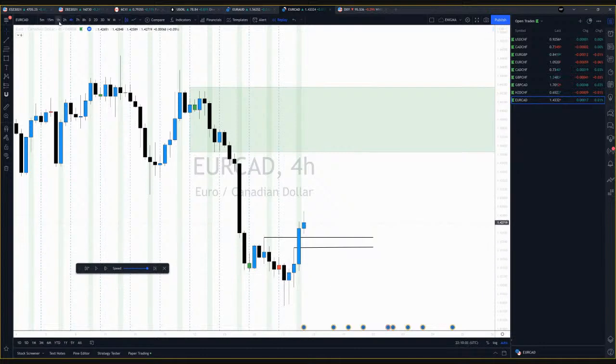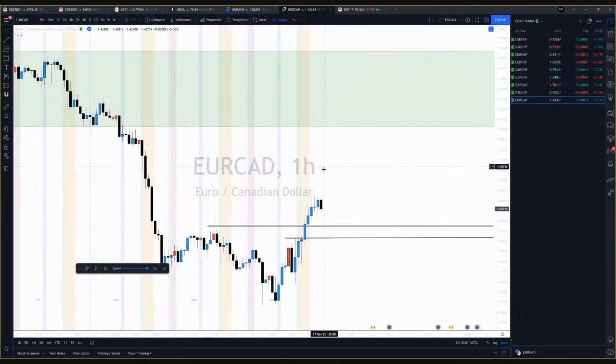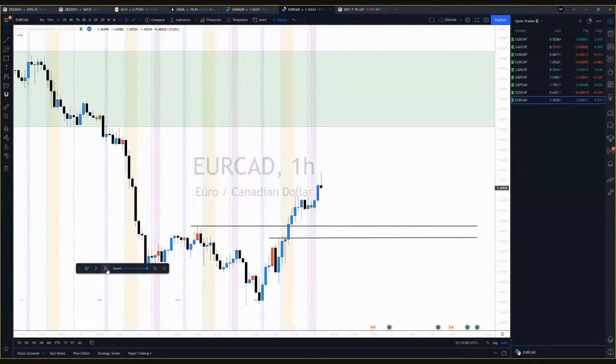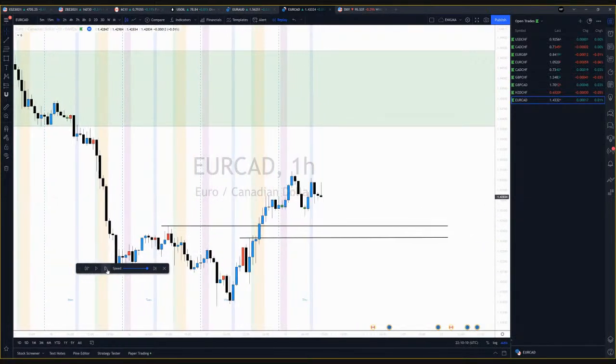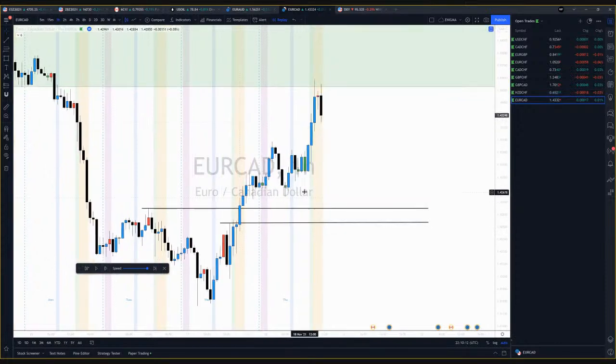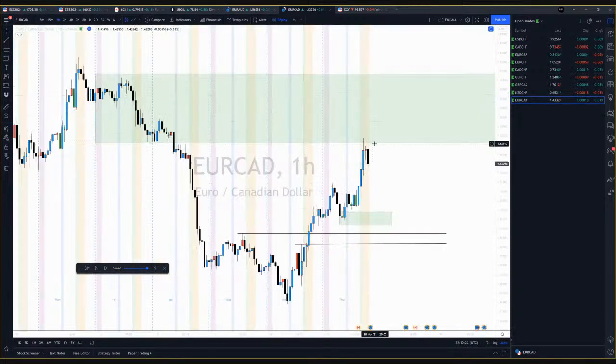Let's go to the 1 hour time frame, and I want to see it drop there during the kill zone. All right, it didn't get there. So that was a missed trade, but I could have got in somewhere in here. That was another gap. And then it went straight to that level, right?